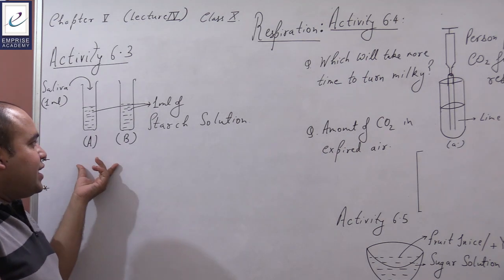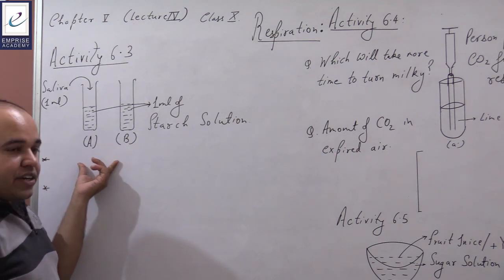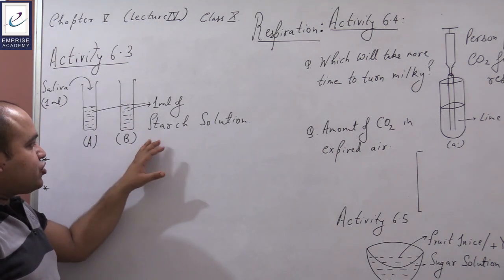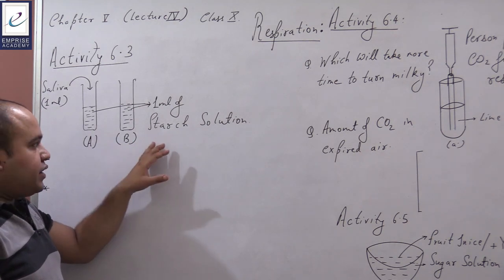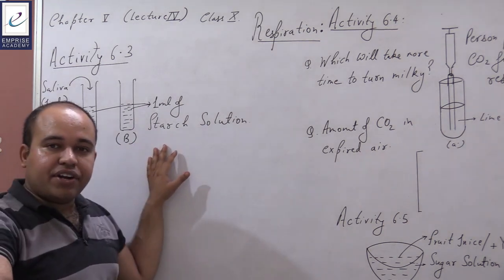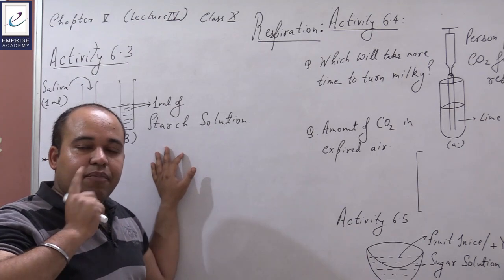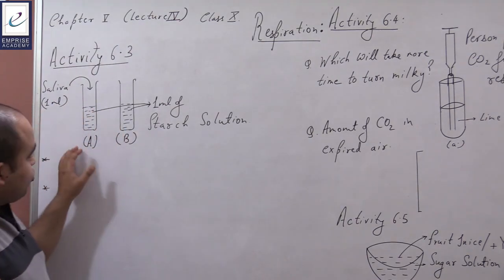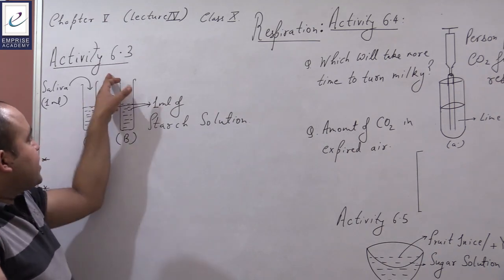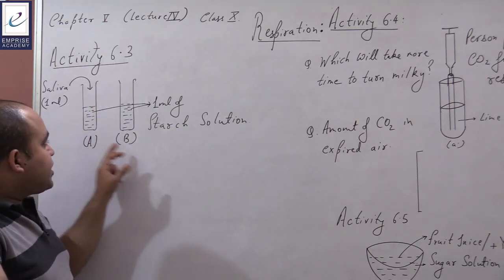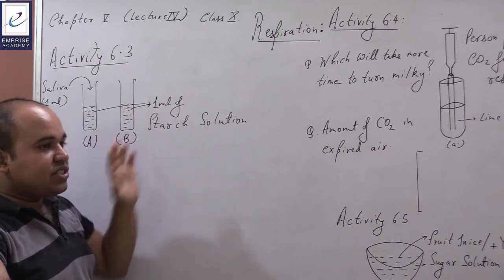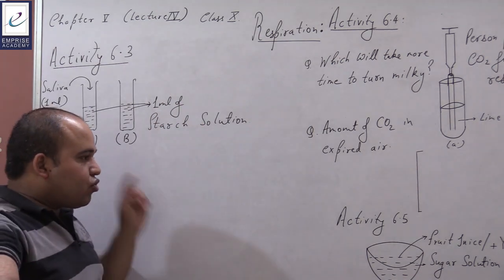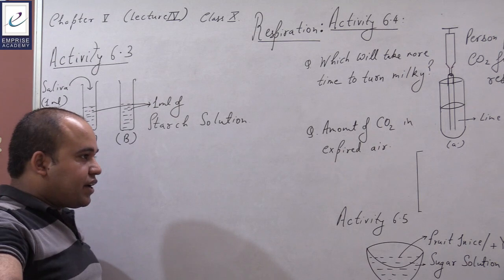This activity is used to depict that the starch solution can be digested into simple carbohydrate molecules with the saliva present within our mouth. So what has been done? Two test tubes have been taken in the activity number 6.3. In both the test tubes 1 ml of starch solution is added. दो टेस्ट ट्यूब ली गई हैं, दोनों में 1 ml starch solution को ऐड कर दिया गया है.